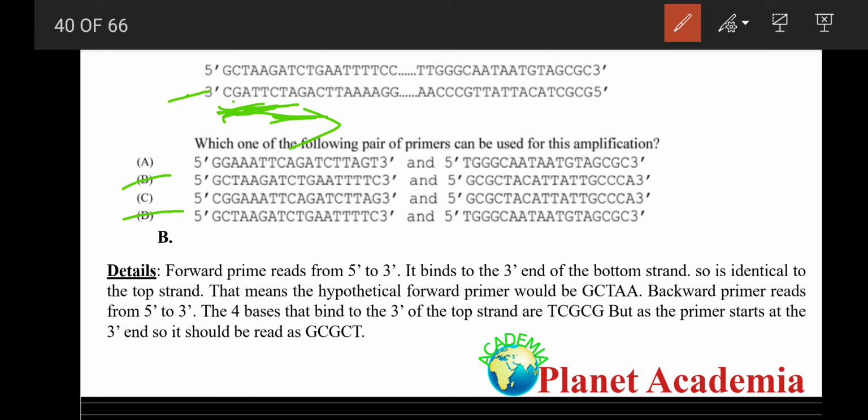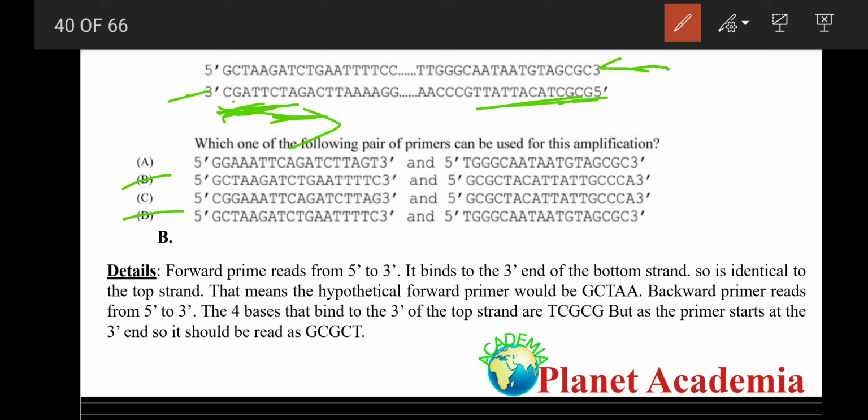Now this is the template for the backward primer, right? So we need to find the complementary. The complementary is this one, and we have to find this sequence, and we will have the answer.